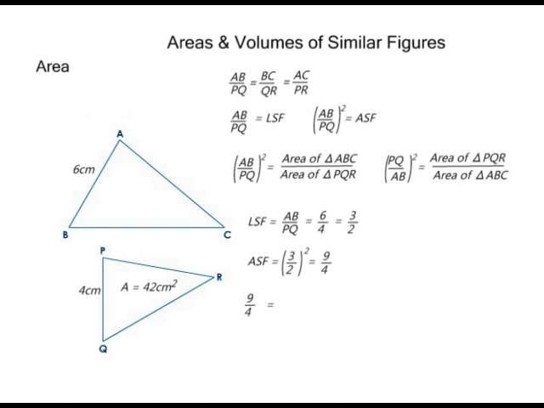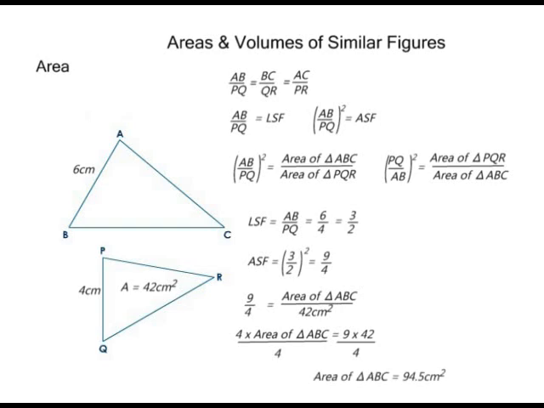So 9 over 4 is equal to the area of triangle ABC over 42 square centimeters, which is the area of triangle PQR. Cross multiplication: 4 times the area of triangle ABC is equal to 9 times 42. We divide both sides by 4, and the area of triangle ABC is equal to 94.5 square centimeters.